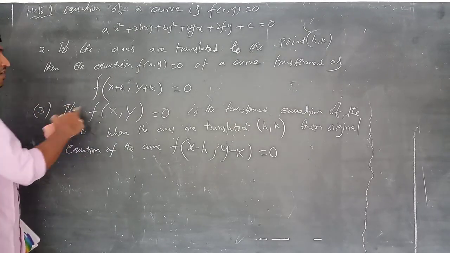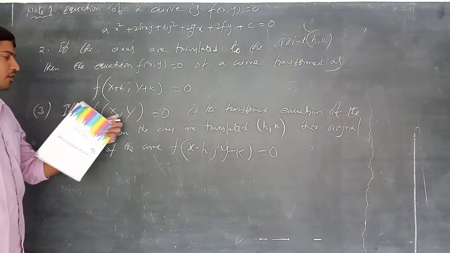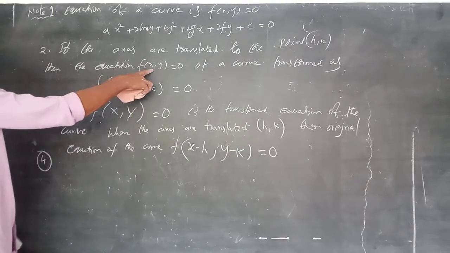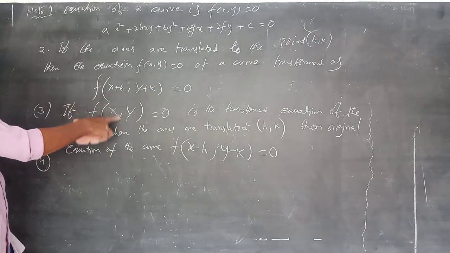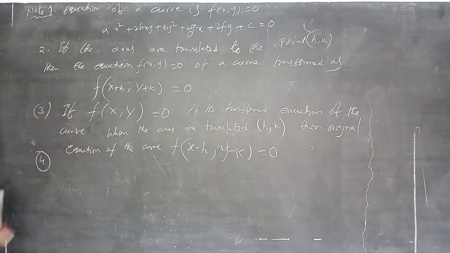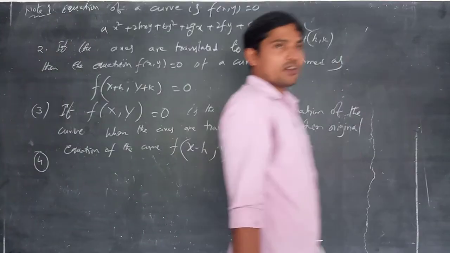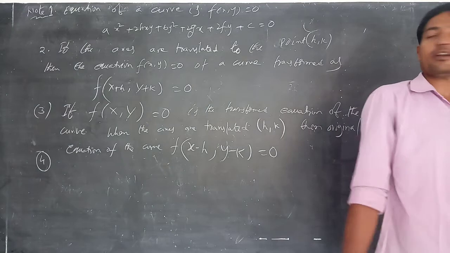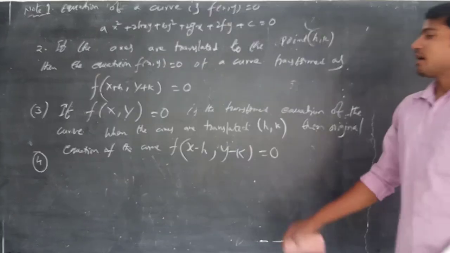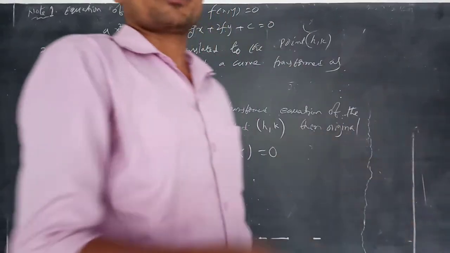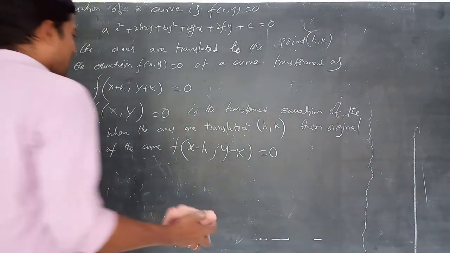Try to find the difference between the second note and the third note. Here I use small alphabets, but here I am using capital alphabets. So the transformed equation is given, which is translated to the point h comma k. Then the original form of the equation is f of x minus h comma y minus k equal to 0.